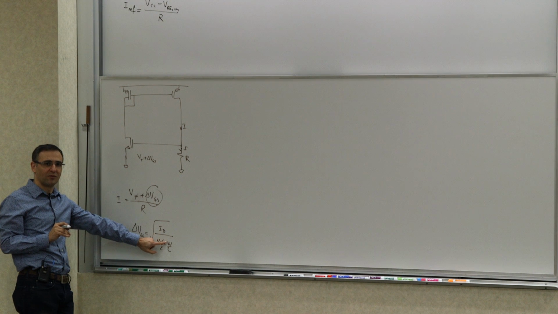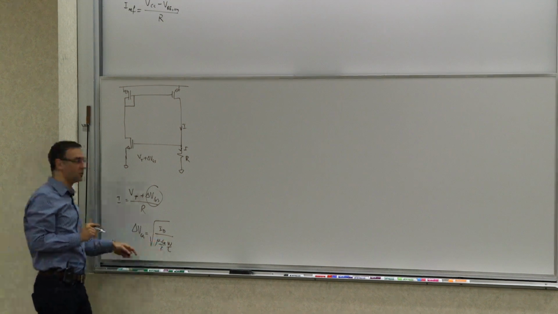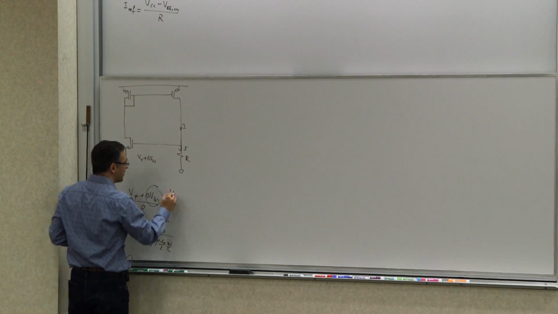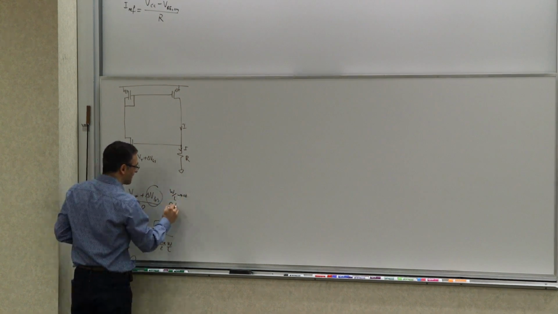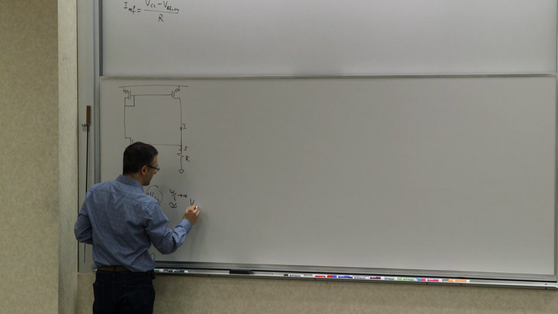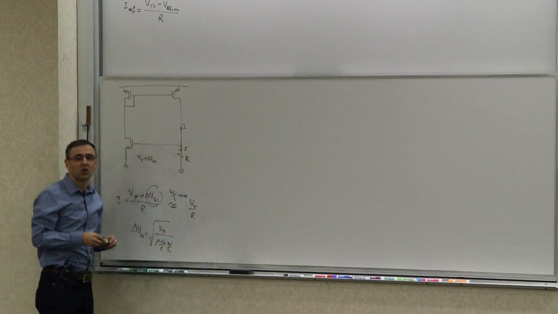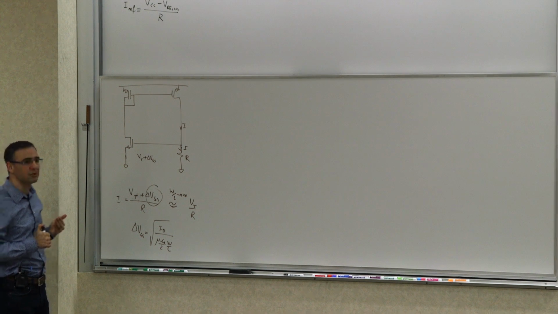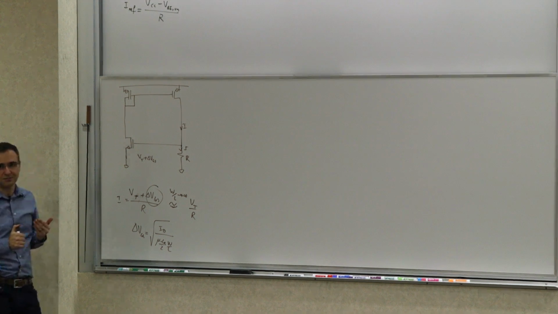Right? W over L, make it large. If you make your W over L large, this becomes relatively small. So with W over L going to infinity, this becomes roughly VT over R. So you get a current, in principle, that is proportional to the threshold voltage divided by the resistor.